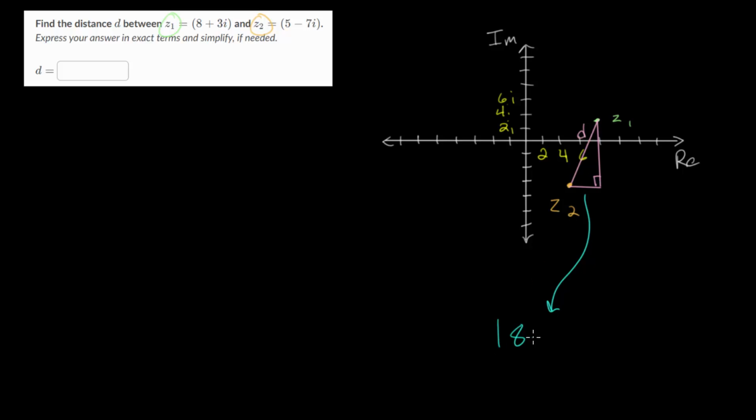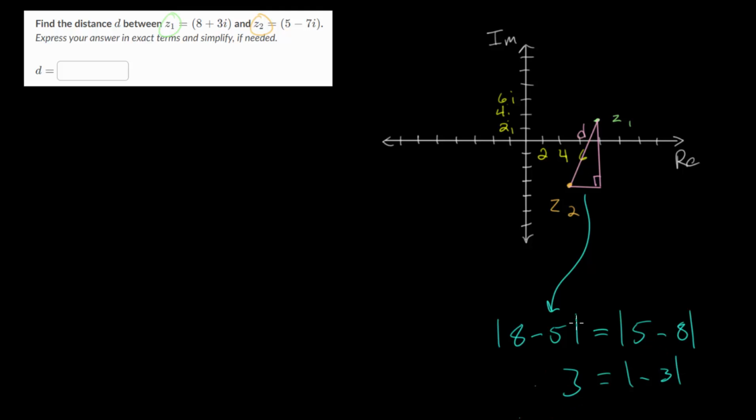So we can do 8 minus 5. This is the real part of z1, and we're subtracting the real part of z2. Or we could do it in reverse. We can find the absolute value of the real part of z2 minus the real part of z1. In either case, we find that this is equal to 3, since the absolute value of a negative number is positive.